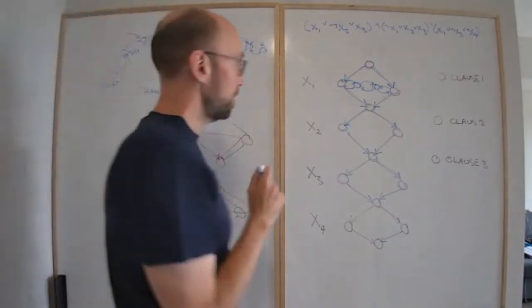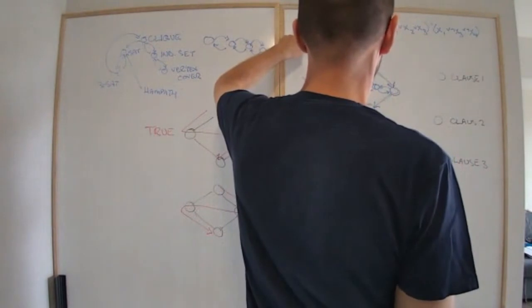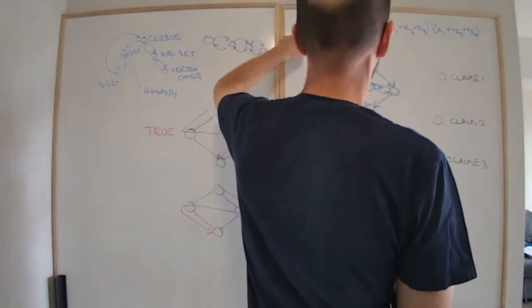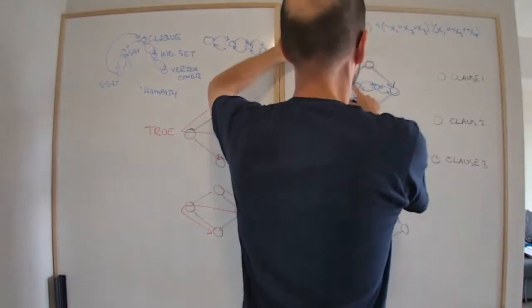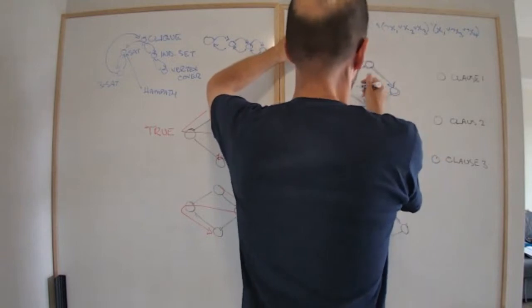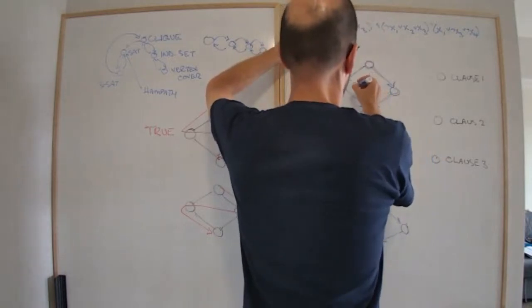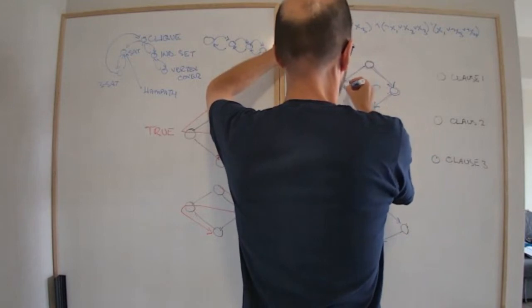But the trick is x1 satisfies a clause. Actually, I'm going to have more of these in here. I'm going to have 3 of them here. But same thing, just paths.